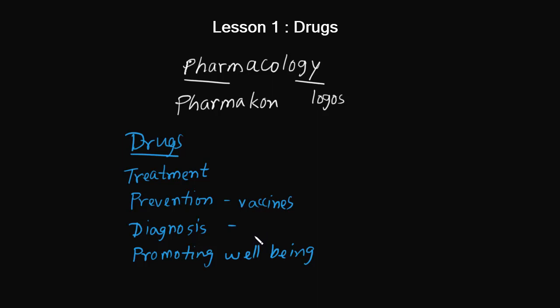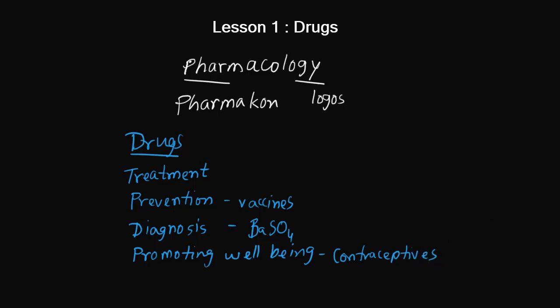It could be like before an X-ray, if we take some barium sulfate, this is for diagnosis. And also the fourth one we talked about is promoting well-being, like for example the oral contraceptives. We are taking those oral contraceptives without any disease condition, so it's to promote well-being.